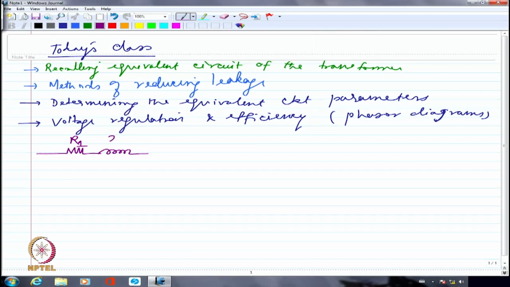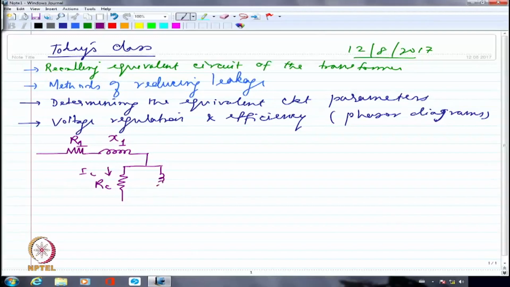And normally this core loss is going to be smaller, because of which if I look at the two portions of the no load current, one which we call as IC, which is corresponding to core loss component of current, right? And one more which we take as the XM, which is corresponding to IM.